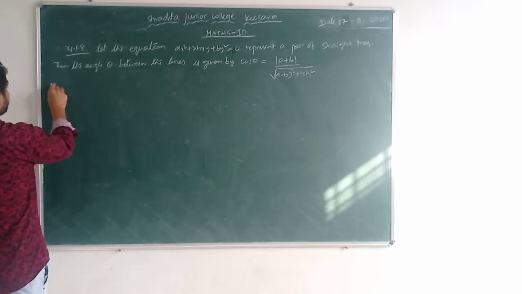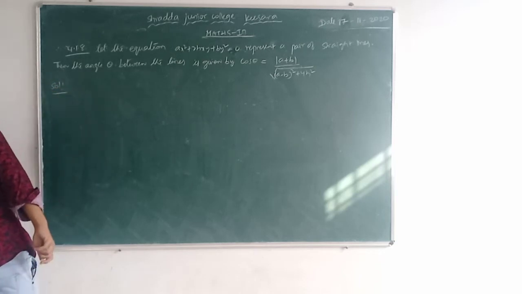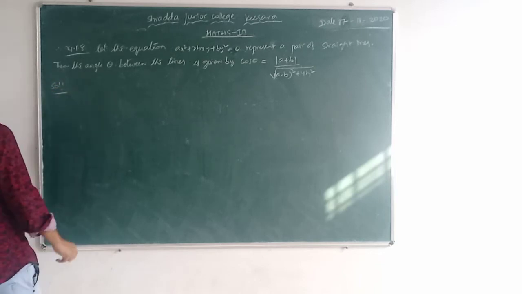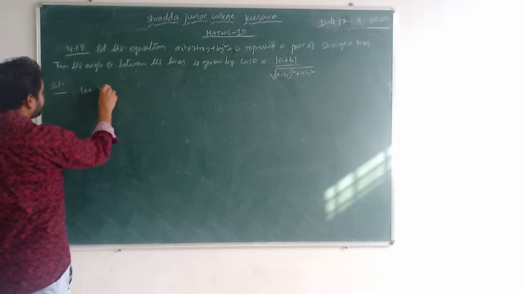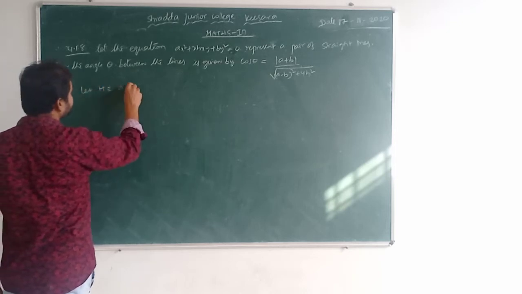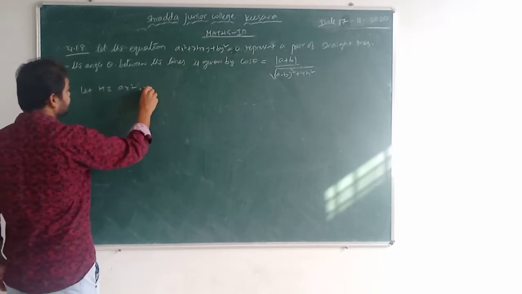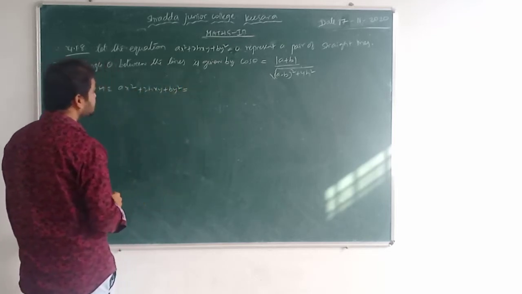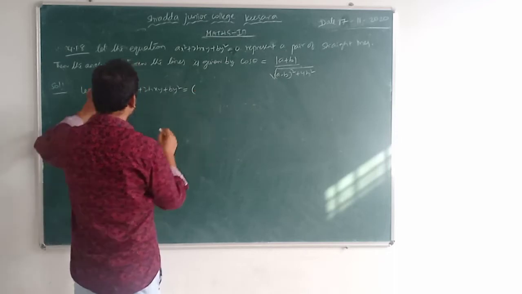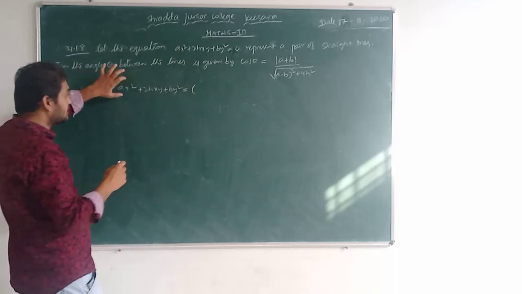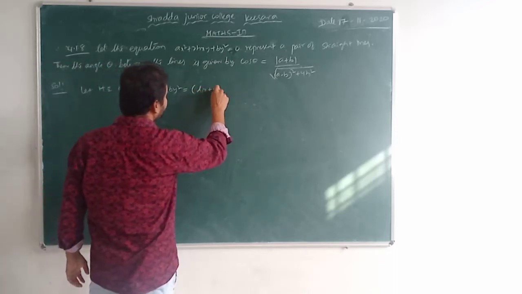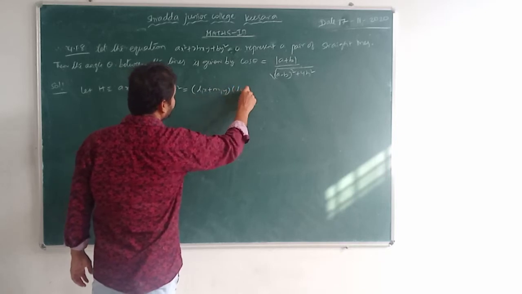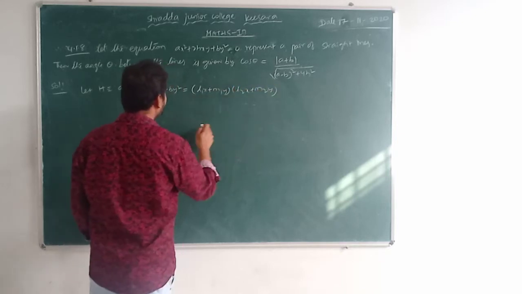See here. Let the given equation be ax square plus 2hxy plus by square equals to 0. How can we represent this equation? It represents a pair of straight lines. See now, this is which form? L1x plus m1y into L2x plus m2y.